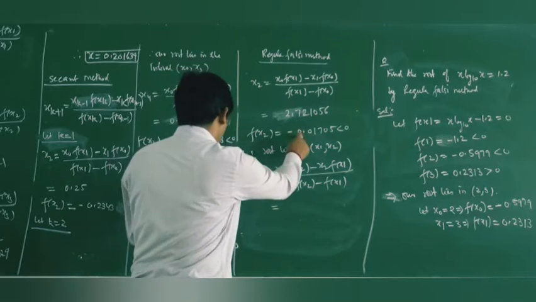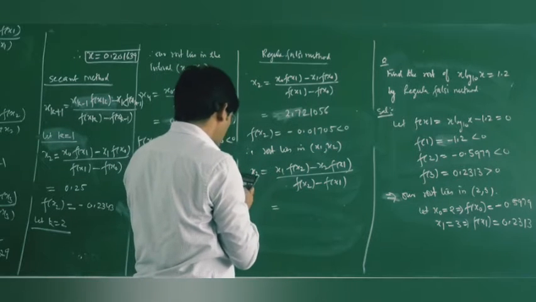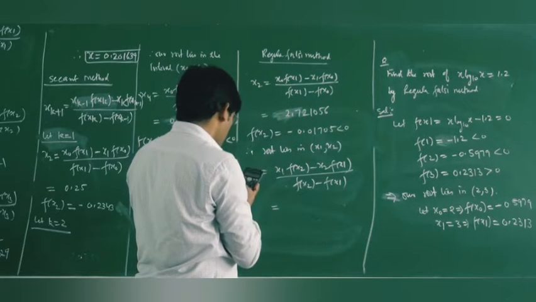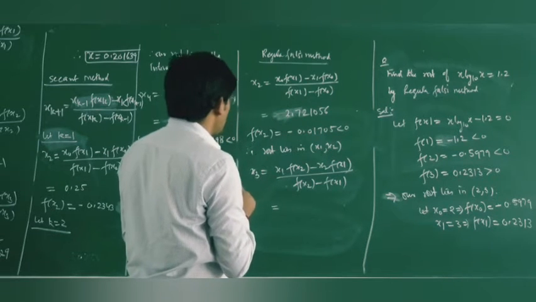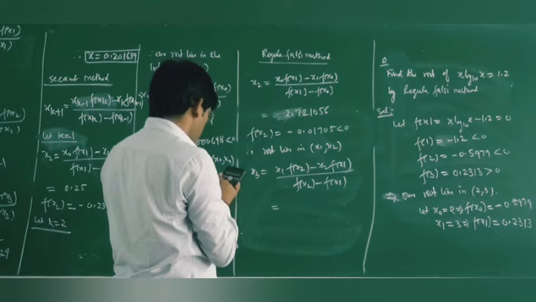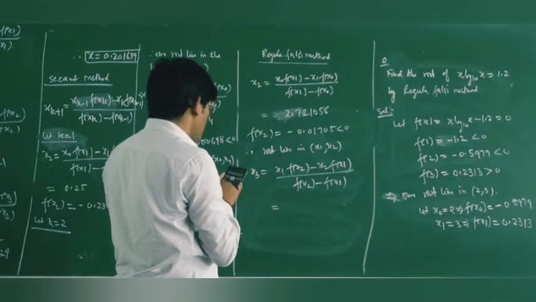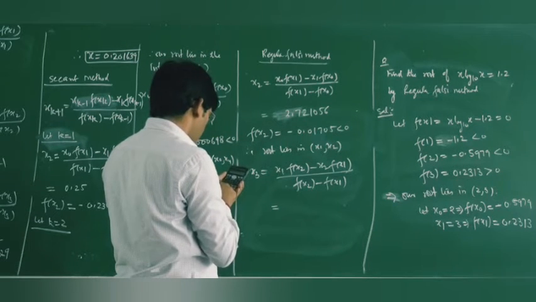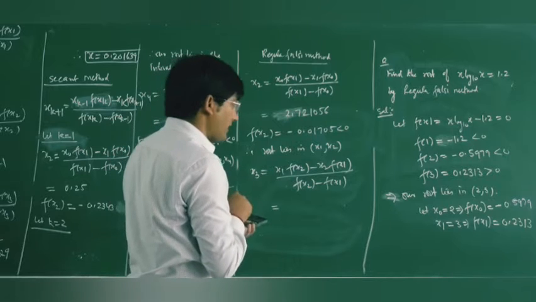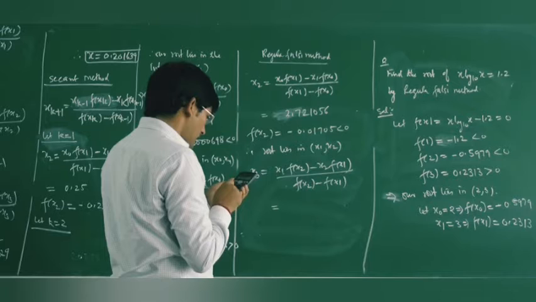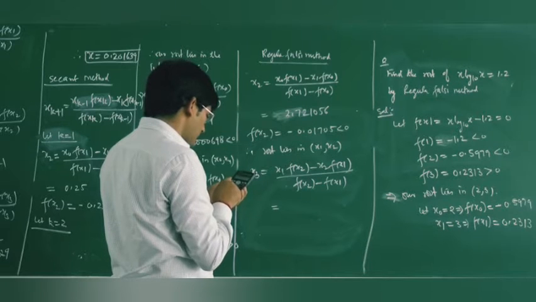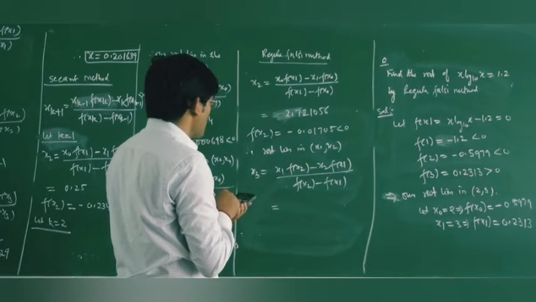Your f of x2 is this one, 0.01705. Then we have minus x2, 2.721056 multiplied by f of x1, which is your 0.2313, and this is divided by f of x2.